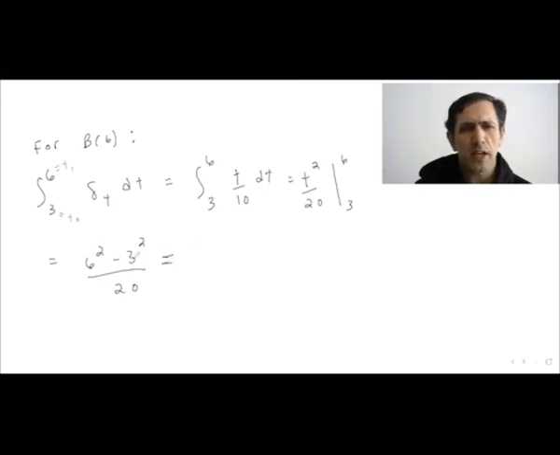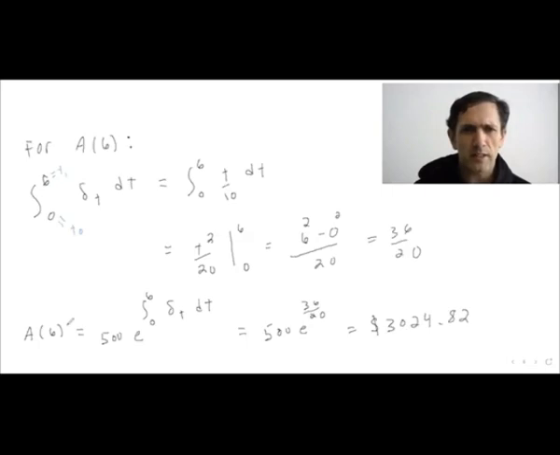I apologize if I'm insulting anyone's intelligence by doing these integrals slowly. I hope I'm not, and it's not wasting too much time, even if I am. But anyway, it's 27 over 20.